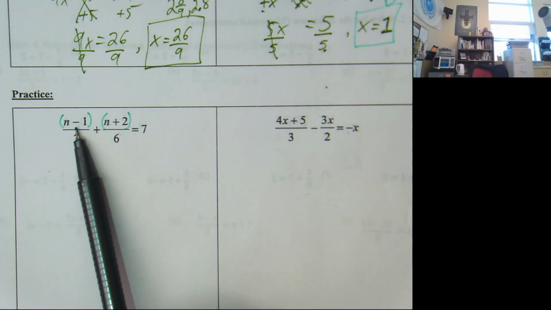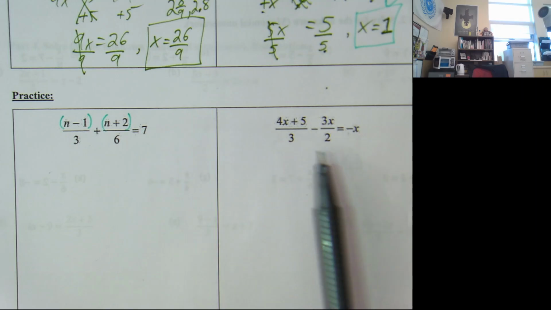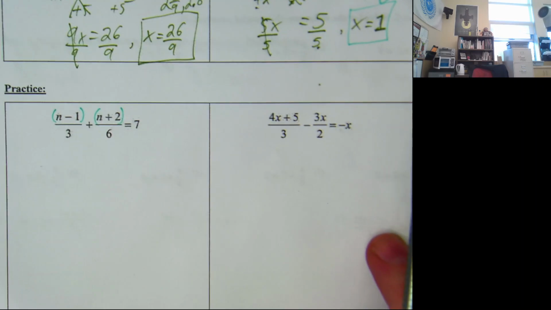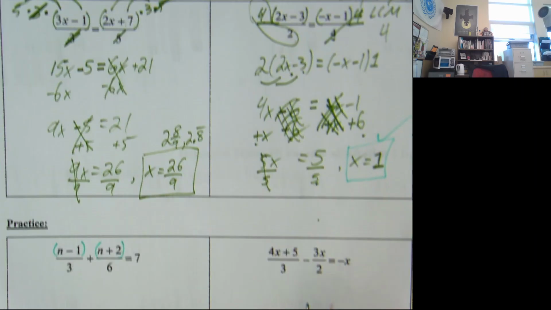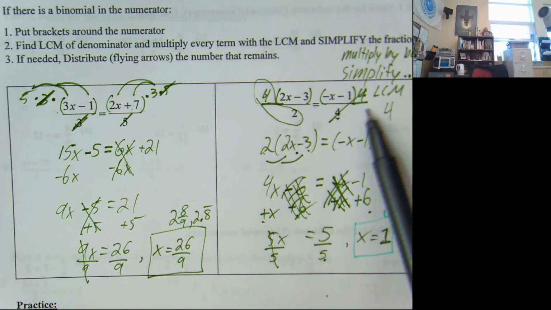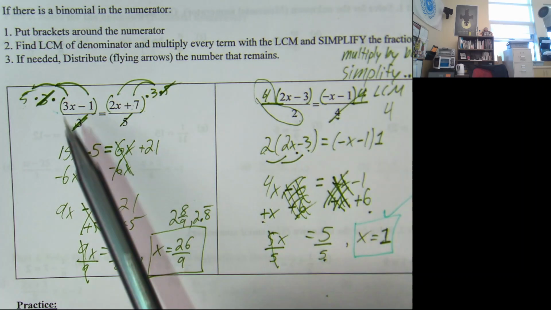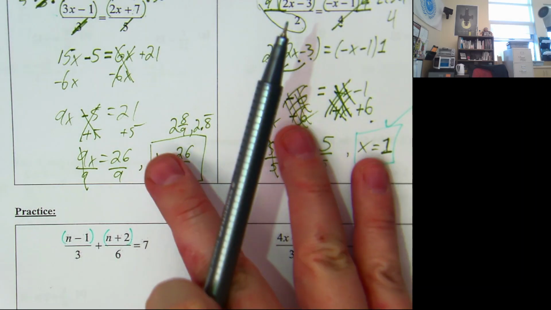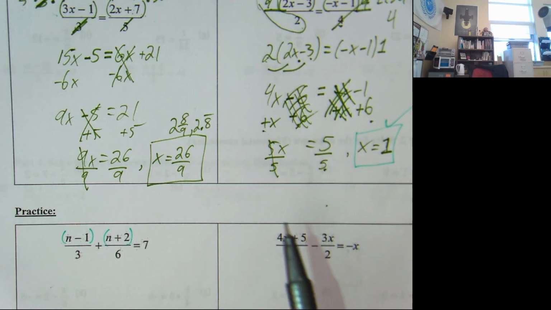You have to multiply this guy, and the 7. This guy, and this guy. Whether you choose to multiply by each denominator or multiply by the LCM, you will have some simplifying to do. You will almost certainly have some distribution to do. And then you isolate for your variable, whatever it happens to be.